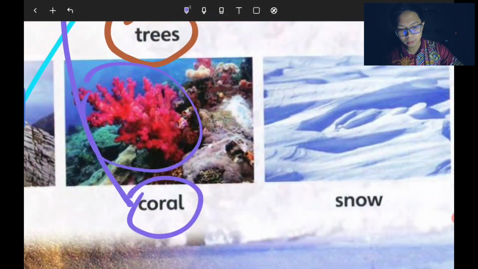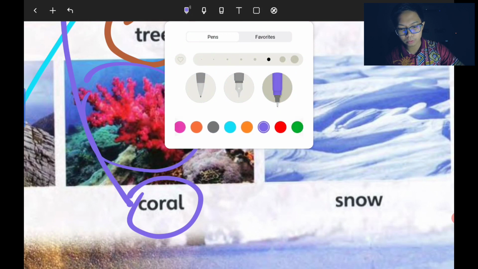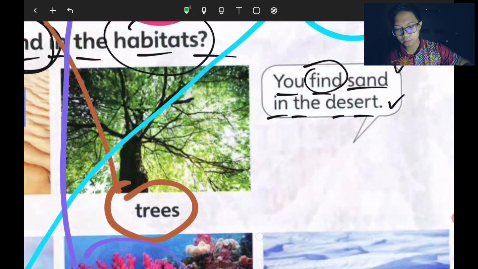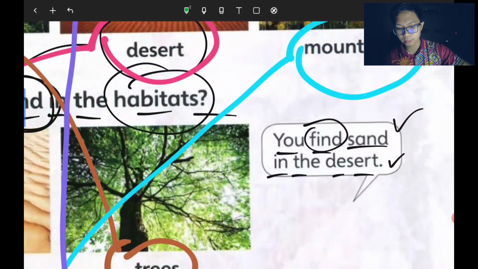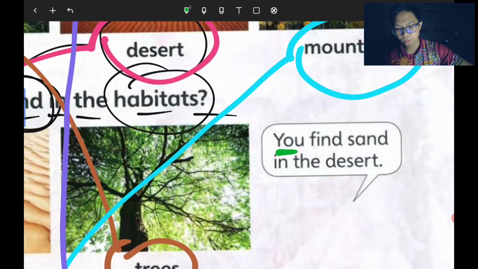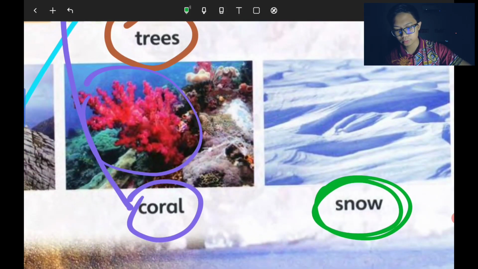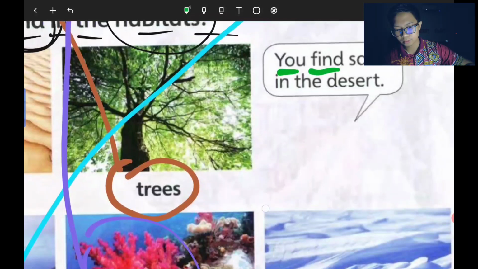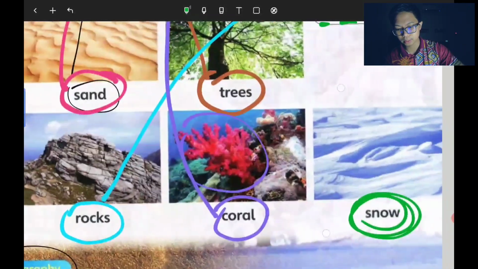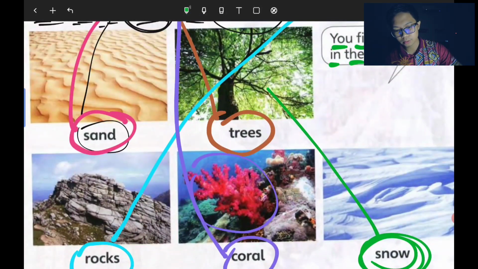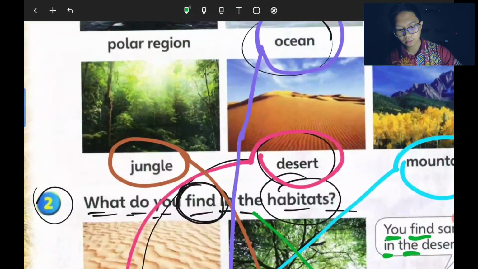And lastly, how about the snow? How about the snow? The snow, let's use this sentence again. Kita pakai lagi ayat ini. You find snow in the, di mana kamu jumpa salji ini? In the, let's draw the line.